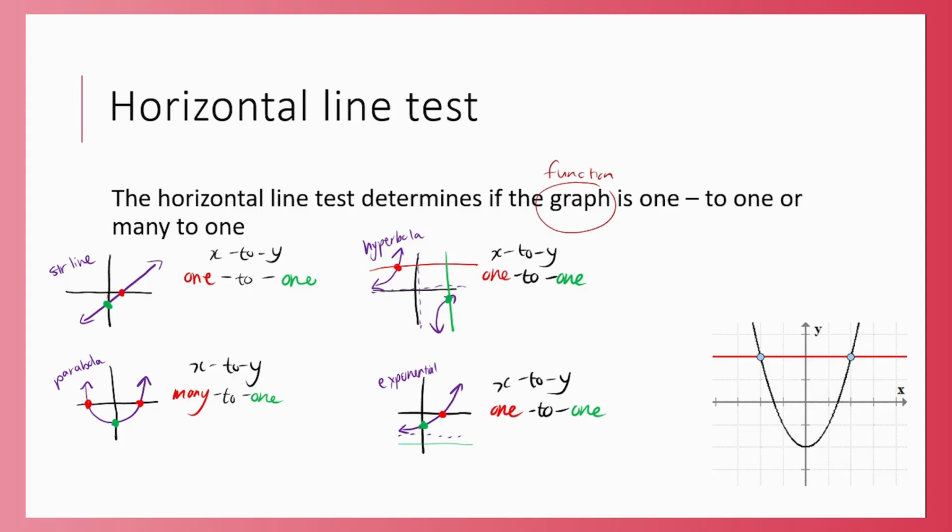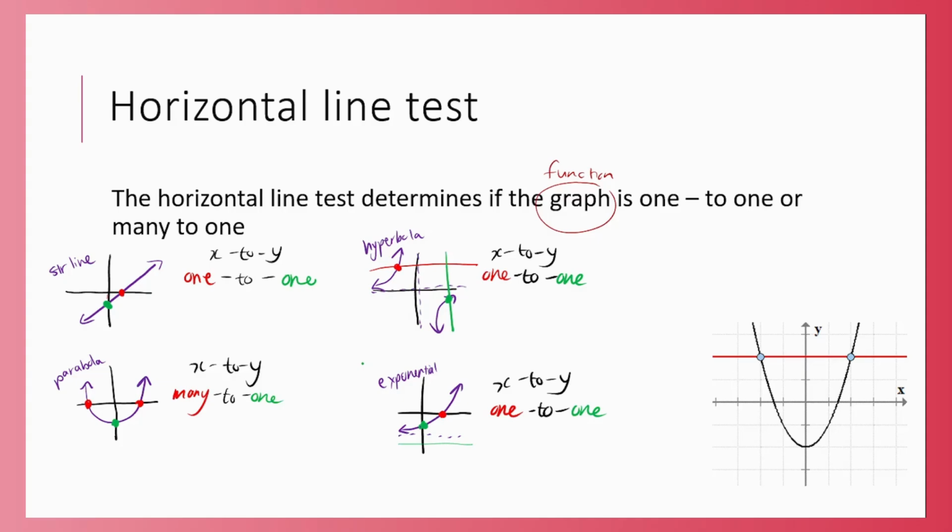Just to sum it up, the horizontal line test you use to get the first part. So you first do horizontal, then vertical when you are describing the graph. So it is one-to-one because it's horizontal, then vertical. Horizontally, it cuts more than one time, so it's many, and vertically, it cuts once, and so forth.